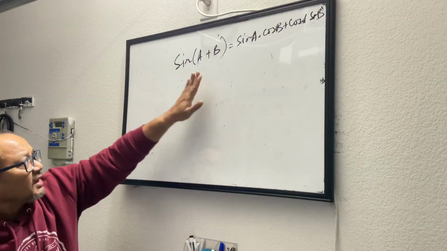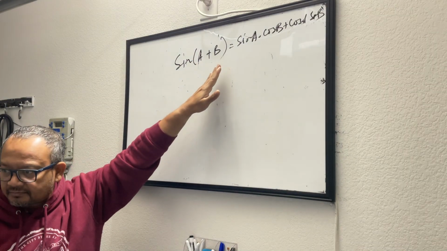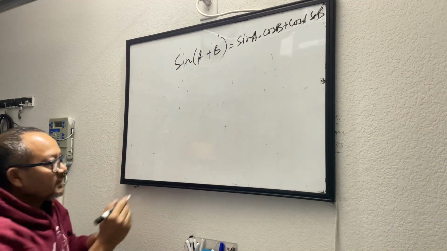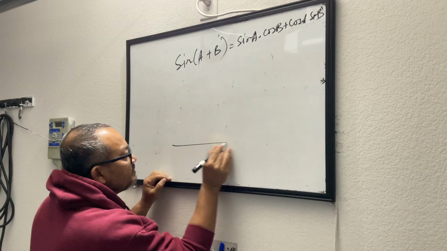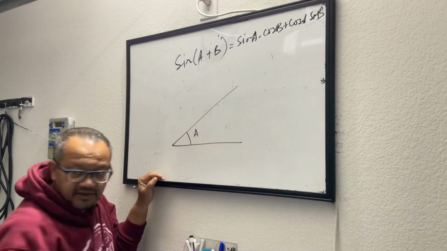Let's say there are two angles A and B. And we are trying to find out what is the sine of A plus B. So, let's make an angle A. I've just made an angle A, okay?